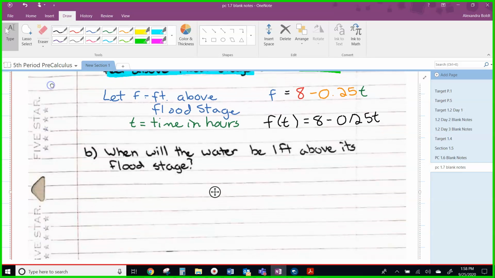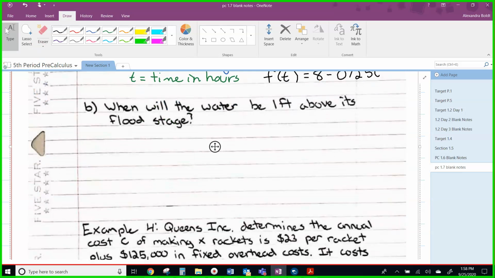Okay, looking at B, when will the water be 1 foot above its flood stage?